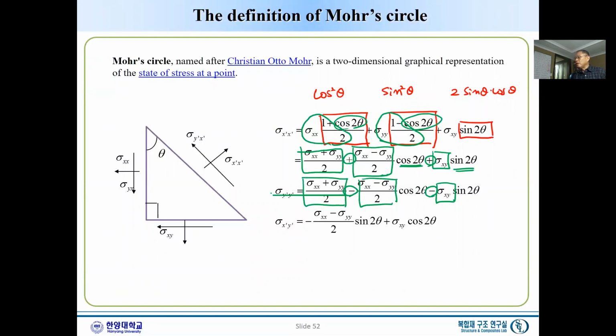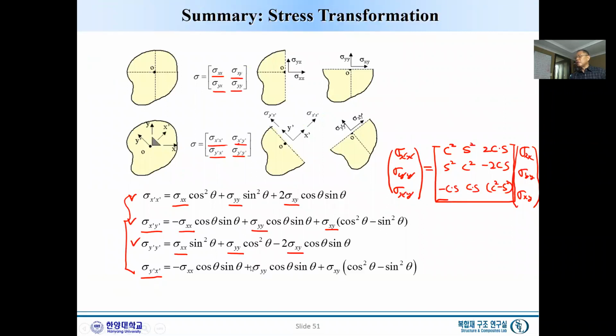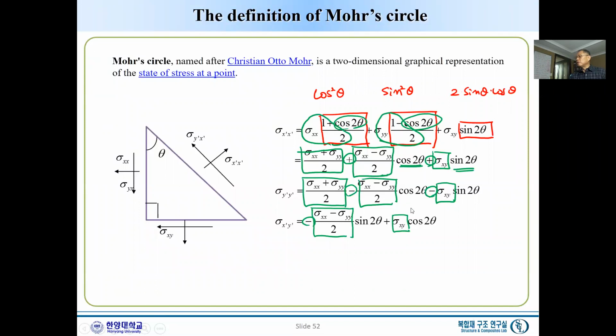And sigma yy, we have these terms. There is a minus, and this is the sigma xy. This term, again, is the same as this equation, but a little simpler, not much, but a little simpler.